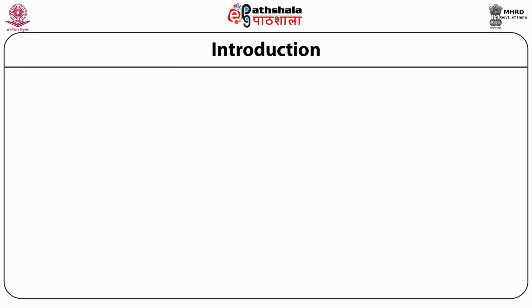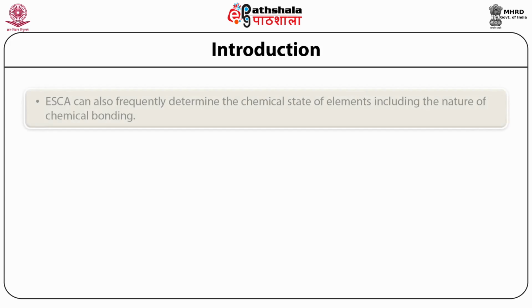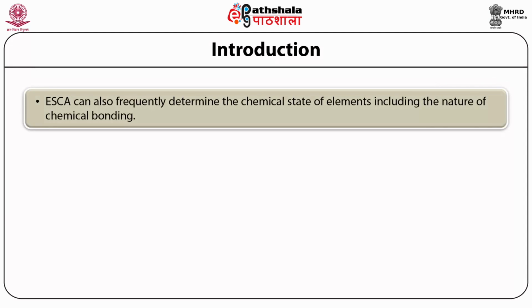We have been talking about ESCA, which stands for Electron Spectroscopy for Chemical Analysis. This can also frequently determine the chemical state of elements, including the nature of chemical bonding on the surface.